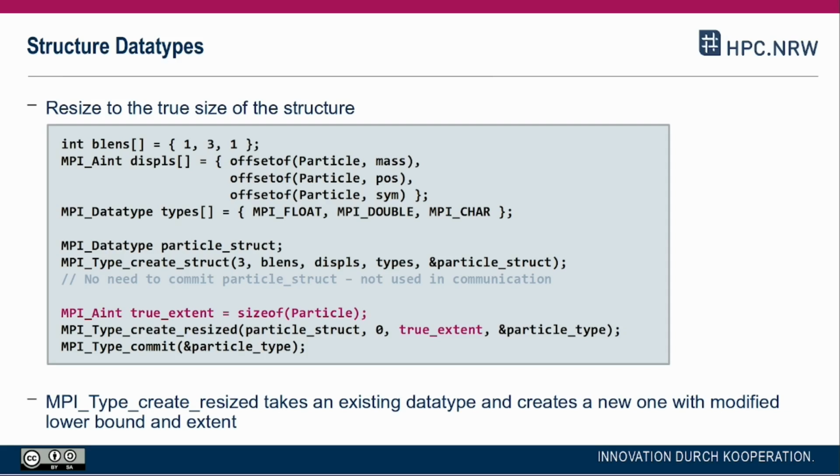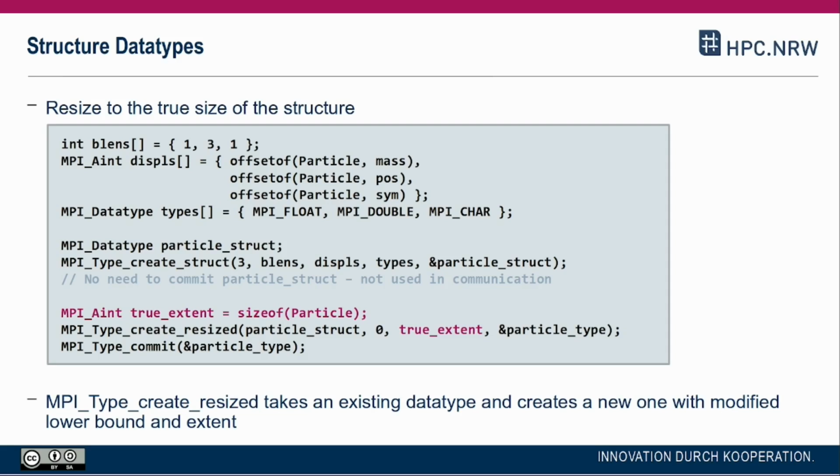Because if you would have multiple particles, the compiler will take care that the correct padding between those elements is there, but you would have to make sure that the distance in the MPI type definition is there, and that's how you use it.